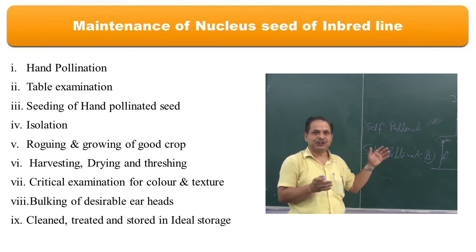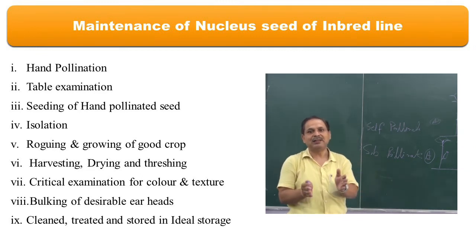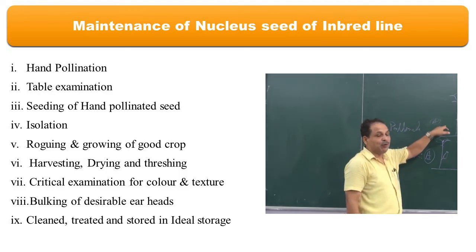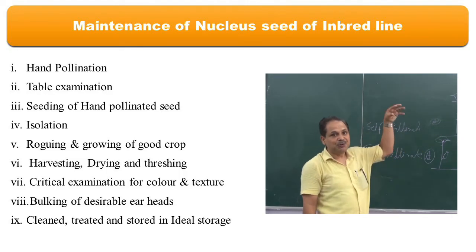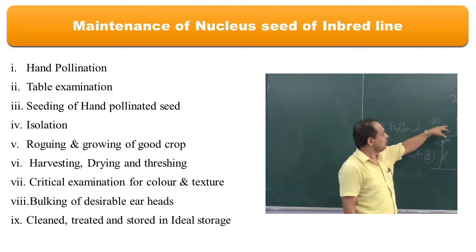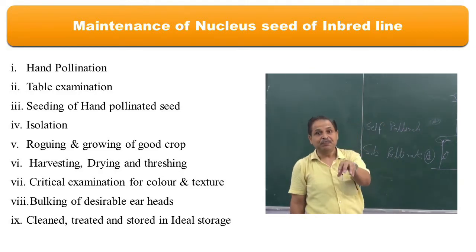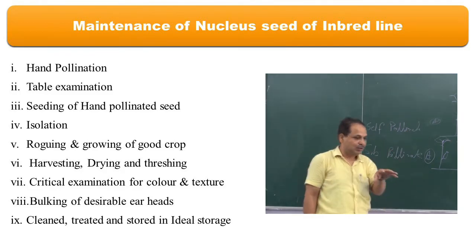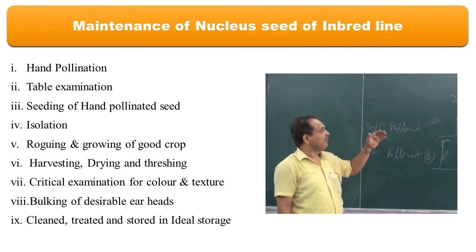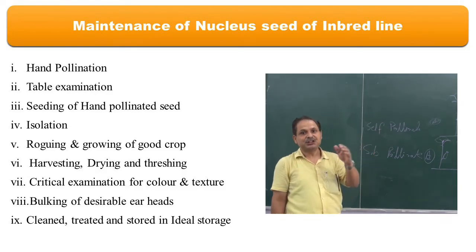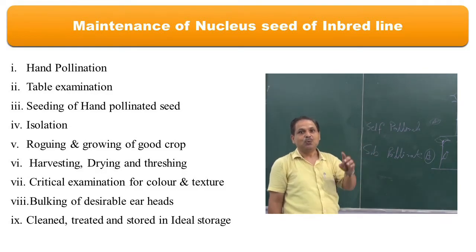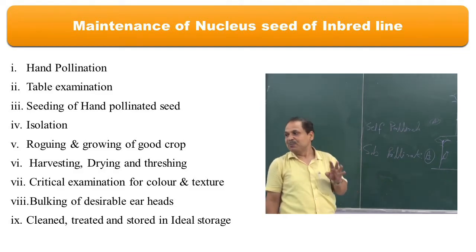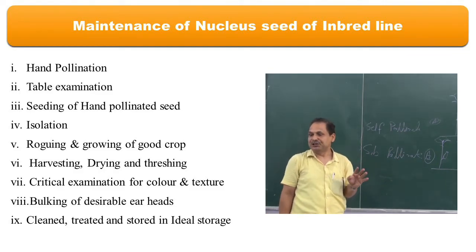The purpose of sib pollination is to avoid genetic drift. If we continuously self-pollinate a cross-pollinated crop, there would be inbreeding depression. So it is recommended that after every 2-3 sib pollinations, we go for self-pollination once. These are recommended in hand pollination.